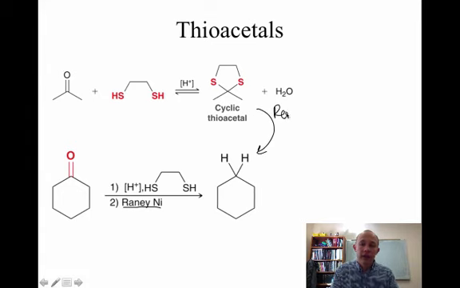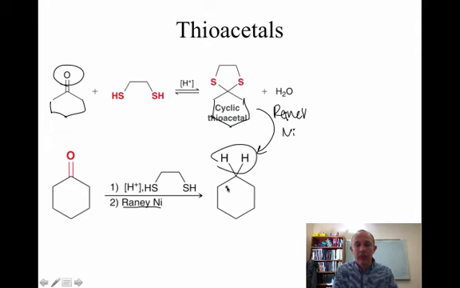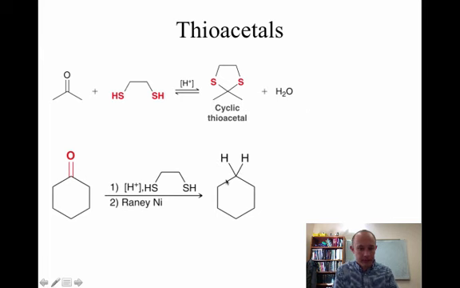So Raney nickel has a bunch of hydrogen absorbed on the surface, so we can replace these carbon-sulfur bonds with carbon-hydrogen bonds if we had cyclohexane here. Again, this is a way to deoxygenate a molecule, so you're replacing a carbon-oxygen double bond with two carbon-hydrogen bonds.